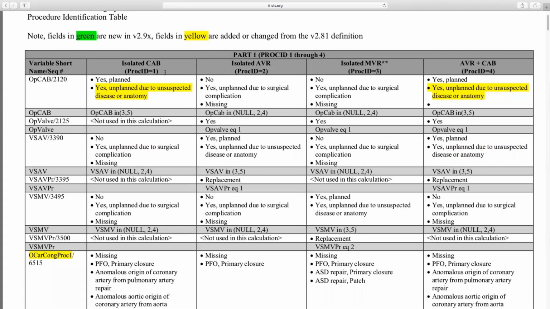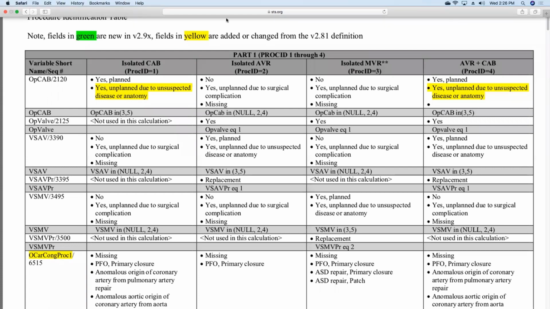So for instance, ProcID 1 relates to isolated CABG cases. What makes a case an isolated CABG case, and all of that definition, is provided in the column below it. For OPCAB, we have sequence 2120. The choices would have to be yes planned or yes unplanned due to unsuspected disease or anatomy. Hold on one second, sorry.